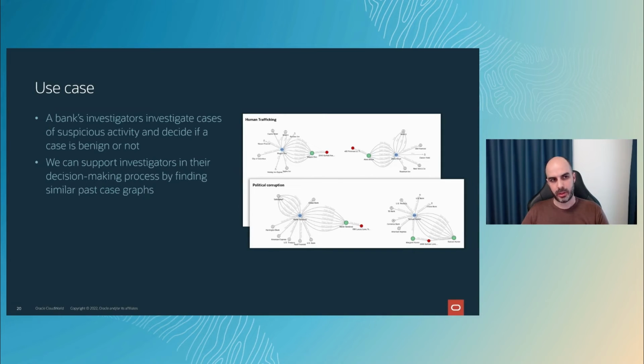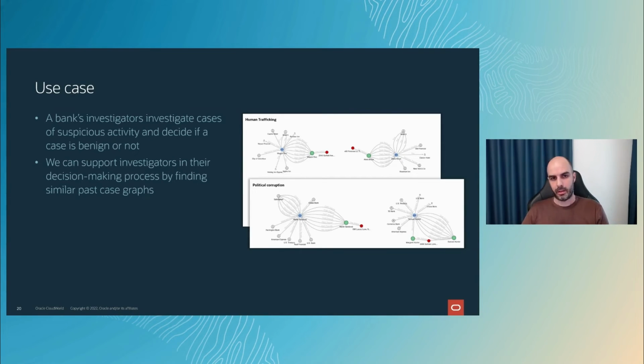So investigators would get a case assigned that is a suspicious activity, and then they have to make a decision whether this is a benign case or not, or what kind of financial crime it could be. They do so by using different tools within Investigation Hub, which is a notebook-based platform based on Oracle Labs Data Studio.